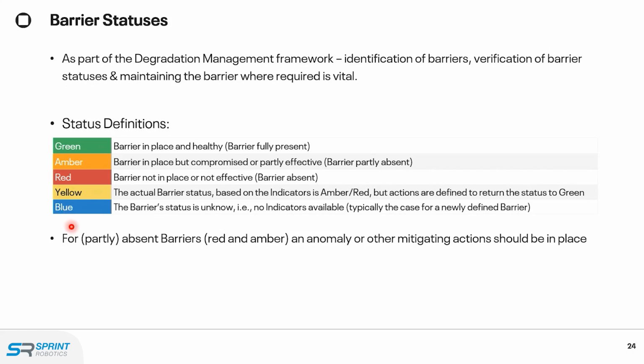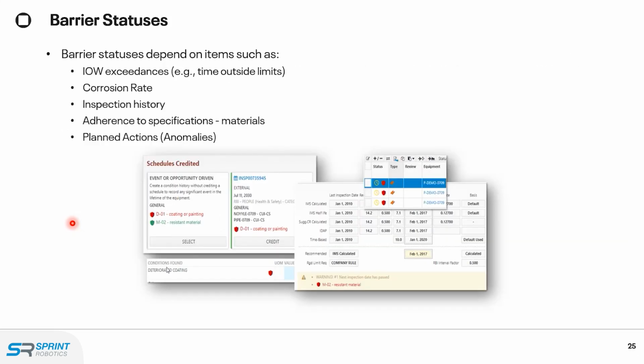So how are we going to convert and integrate data coming from different sources, different systems, different technologies to update my barrier management? That barrier status, as I mentioned, will depend on different factors and will show in different stages of inspection planning and execution.